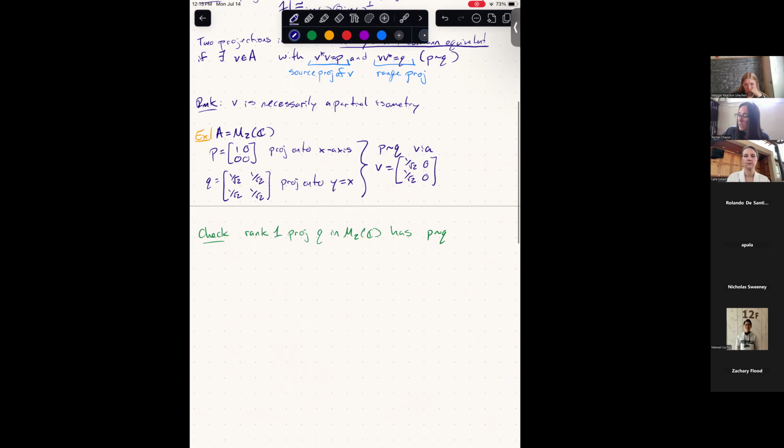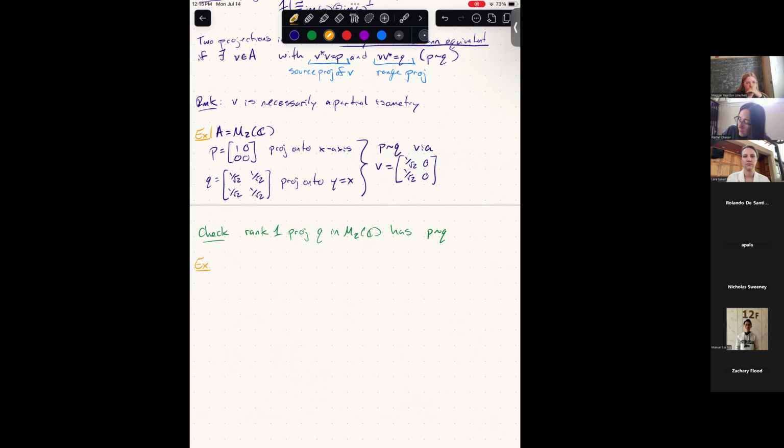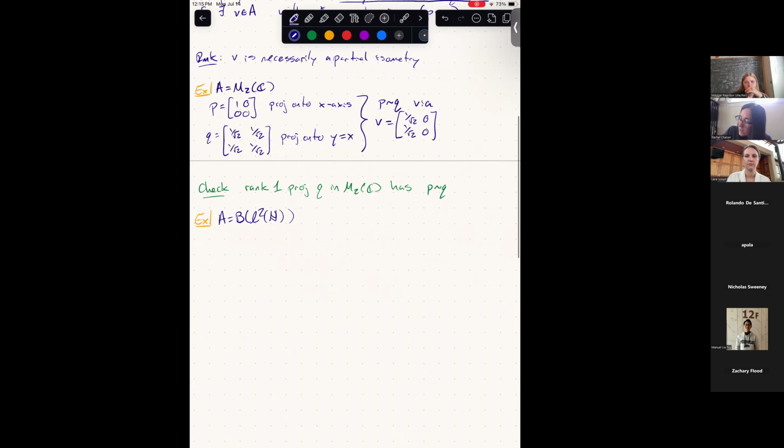For another example, in a not finite dimensional C-star algebra, let's look at bounded operators on little L2 of the naturals. A nice example here, I'm assuming that people have seen this operator already, is the unilateral shift.